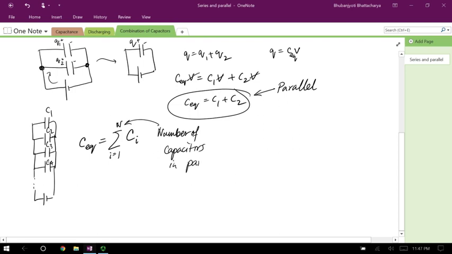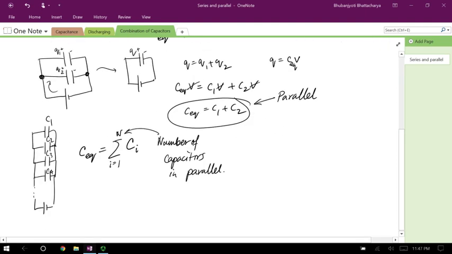Okay, so that's the idea. When you combine capacitors in parallel, you add their capacitances together. Needless to say, the sum total of all these capacitances is going to be larger than the largest of the capacitances in the circuit.